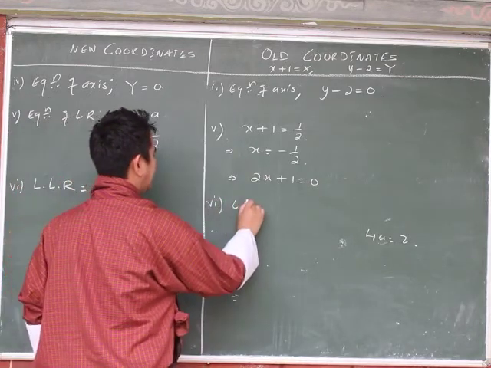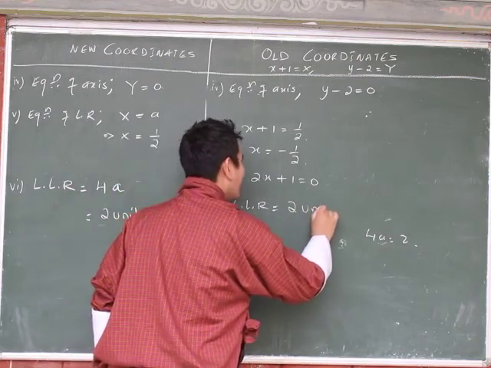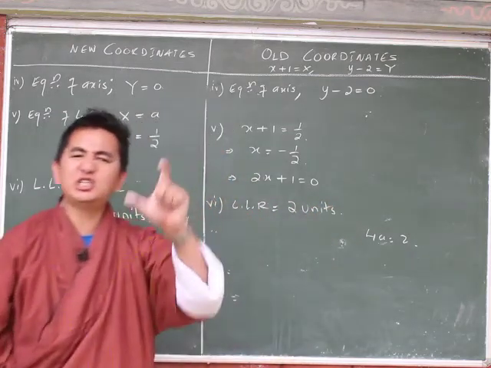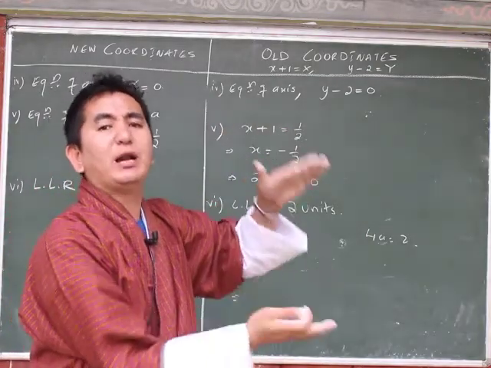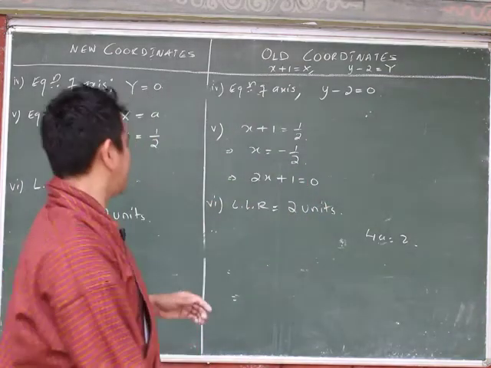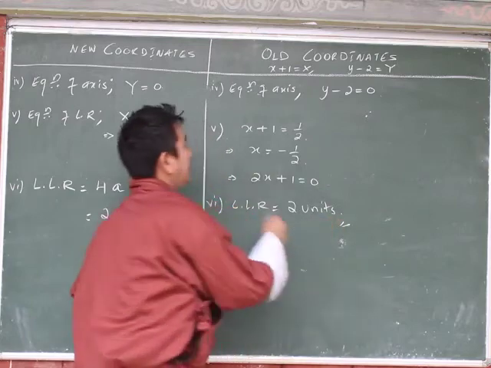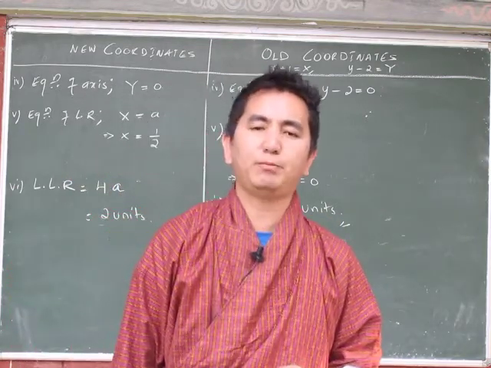What is the length of the latus rectum? The length of the latus rectum will remain the same. We are just shifting the parabola, but we are not changing the size of the parabola. I hope you can understand. So that's it. In the next video again we will do question number 6b. Thank you.